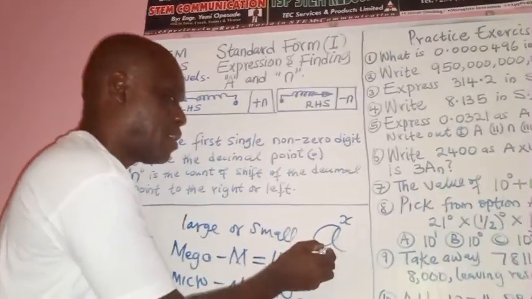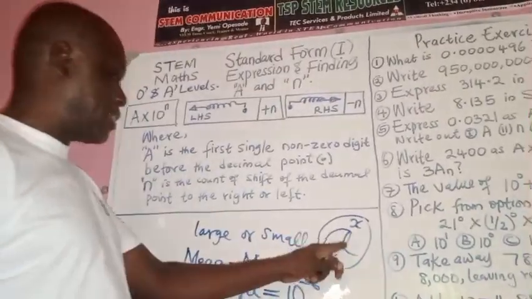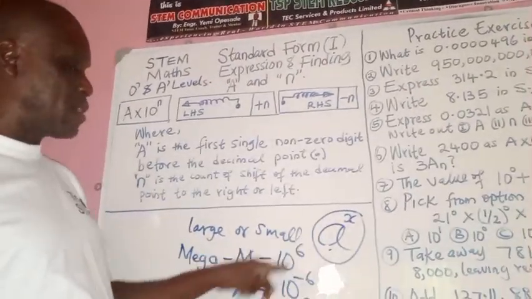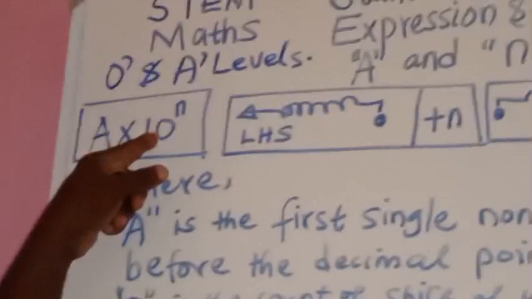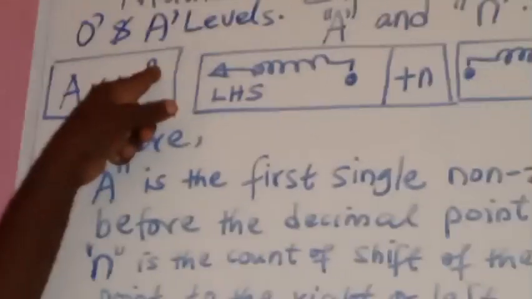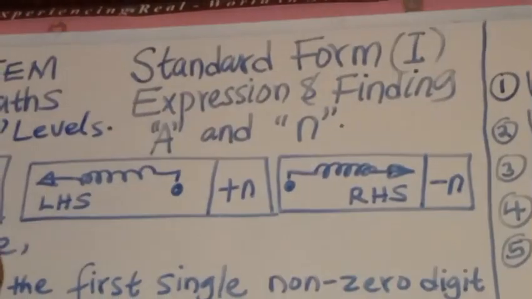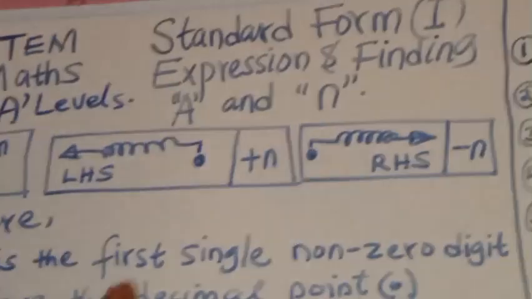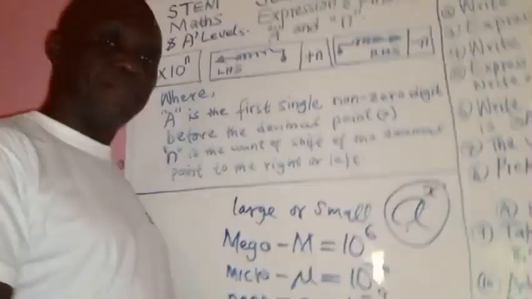This is relevant in the study of indices, and you can see that it looks so much alike what I have here: A times 10 raised to the power n. This is a power. It has a base 10 and an exponent n. What this A and this N stand for in expressing any number in standard form, we are going to see very soon.